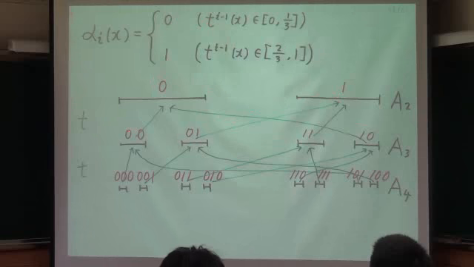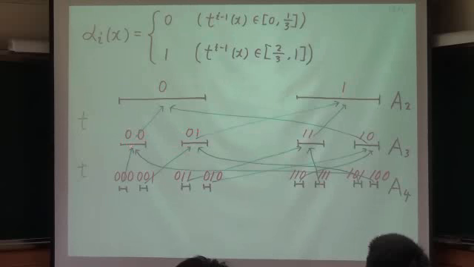Okay, now alpha 2 x. This part is mapped by T to this and this.